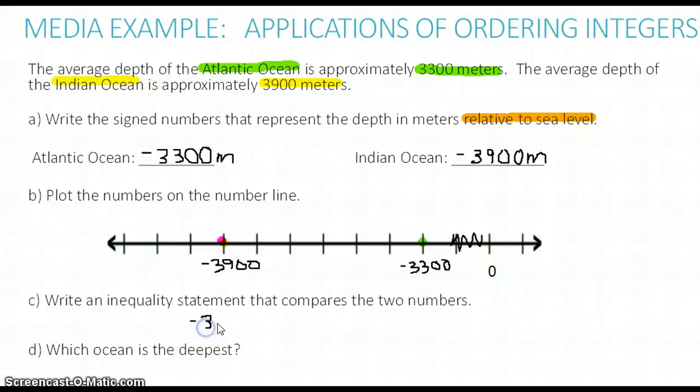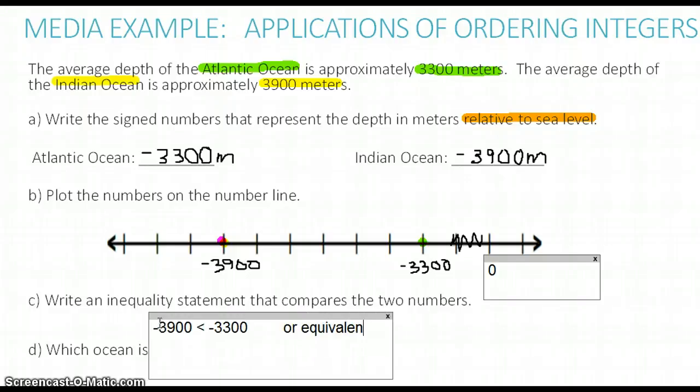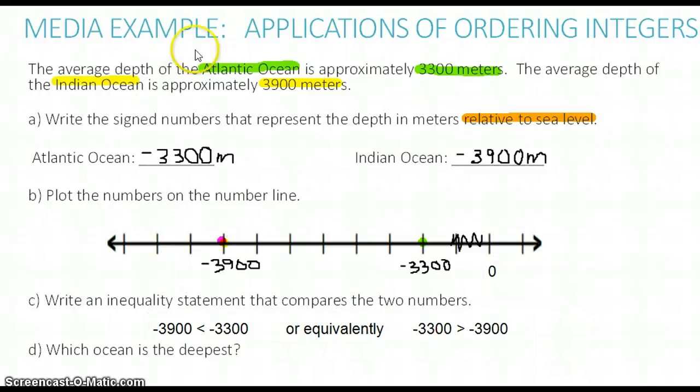So negative 3,900, let's type this in, negative 3,900 is less than negative 3,300. We could also write, or equivalently, we could write negative 3,300 is greater than negative 3,900. Both of those inequalities express the same relationship.